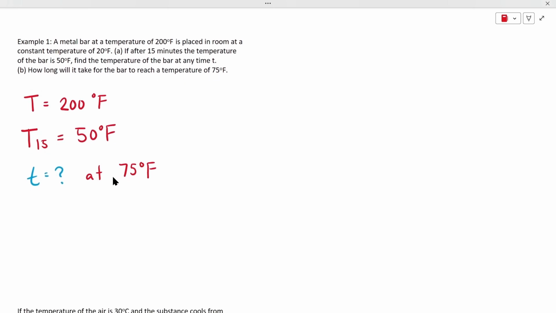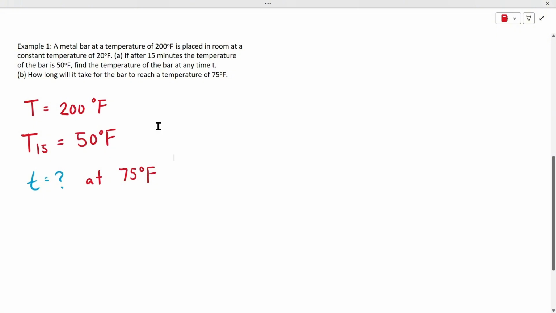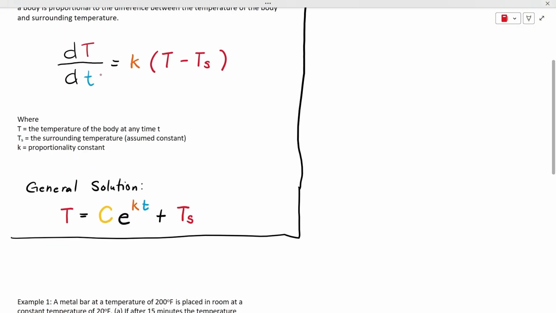We will be using the general solution here, so let me copy this first.